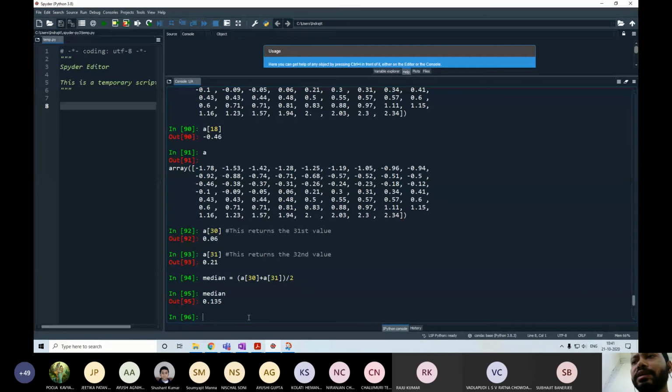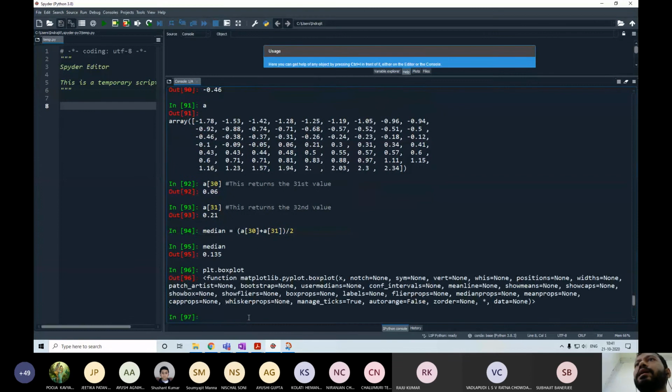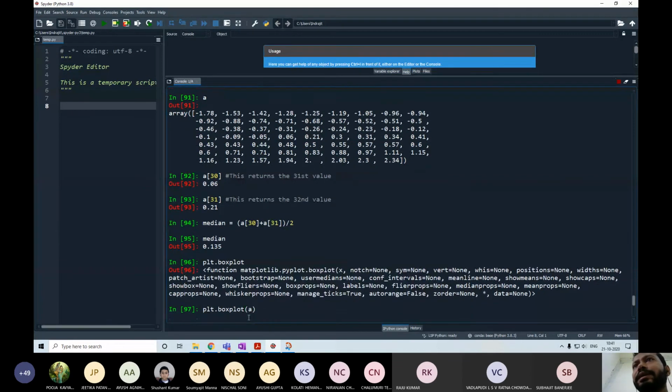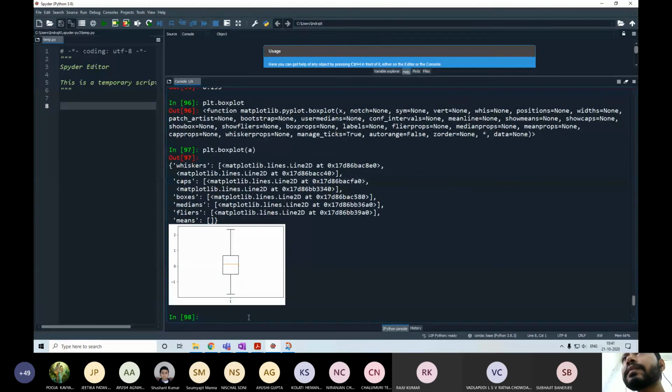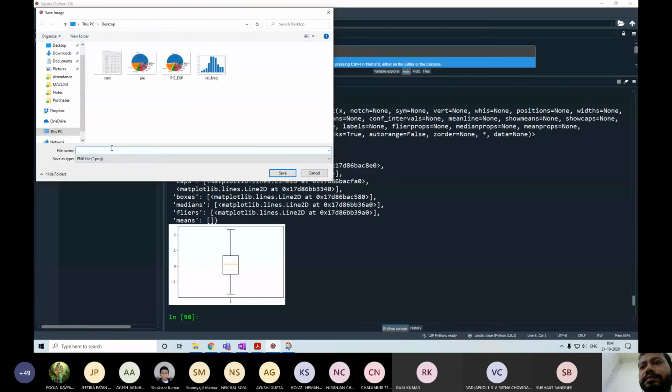Python has a built-in comment. Let me see, box plot. Yes. So if I box plot this data A, this is what I get. It's actually giving me a vertical plot, but that's fine.